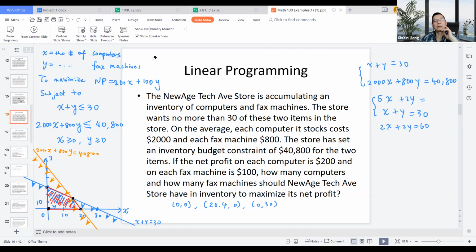That's not right. Otherwise, I'll get a negative number. That's 102. That's the right one. Okay, now it's fine. We multiply 2 to the second equation and then subtract the first equation from it. You get rid of 2y. I have 3x equals 42.